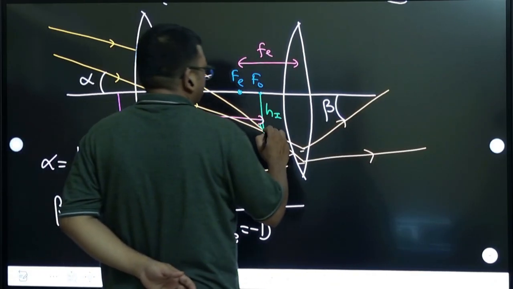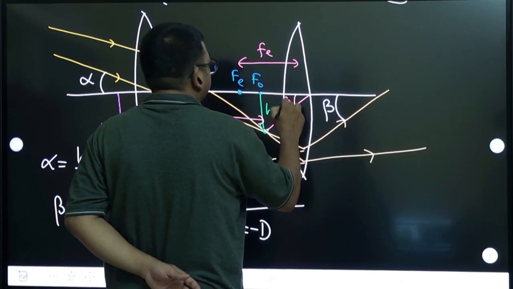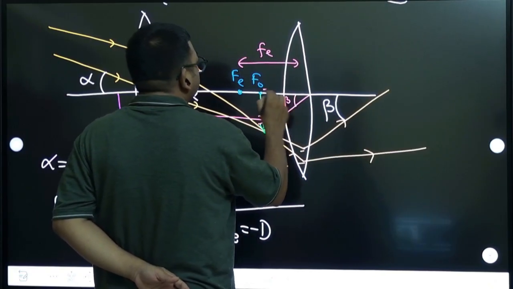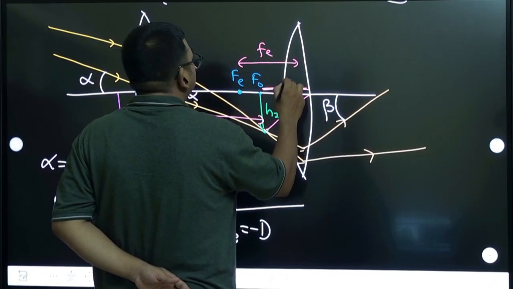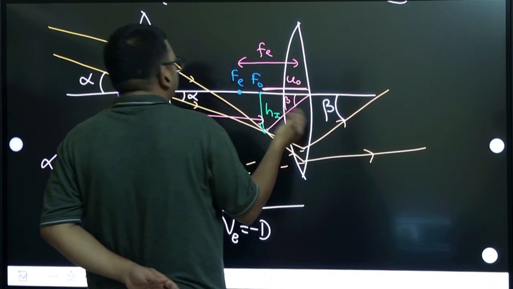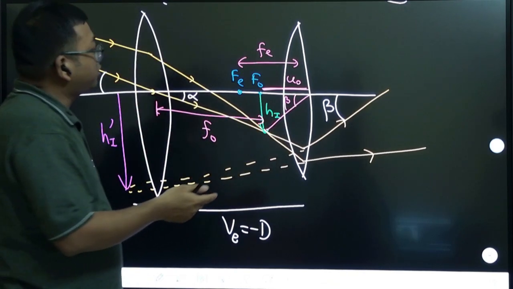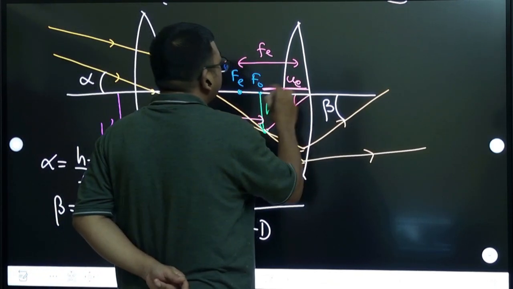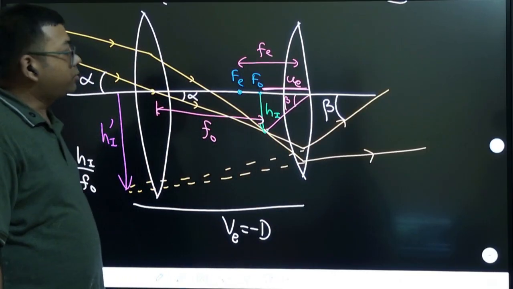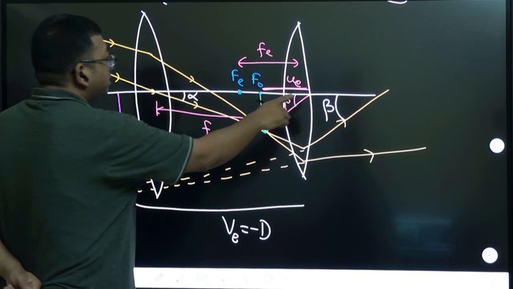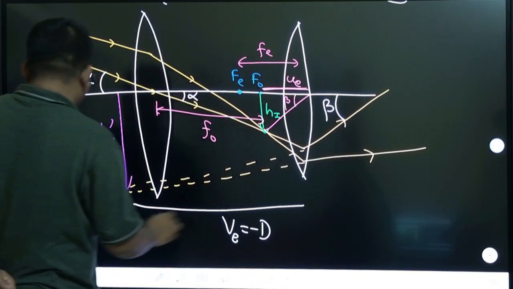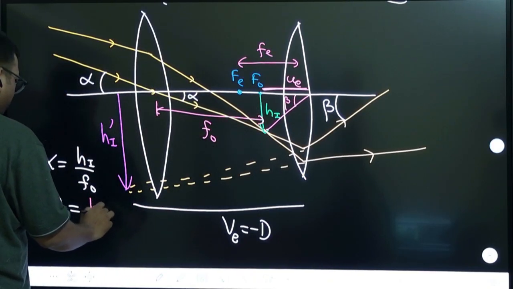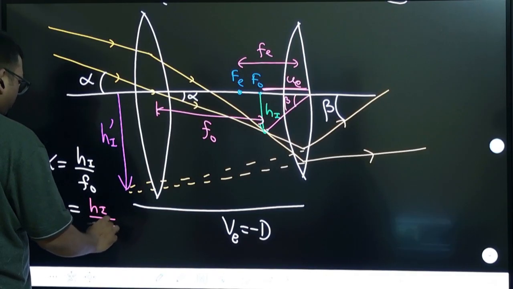So you may define here also beta. But this distance we do not know, no? We do not know this UE. UE is smaller than FE, right? We do not know. But this beta we can define as hi by UE, correct?